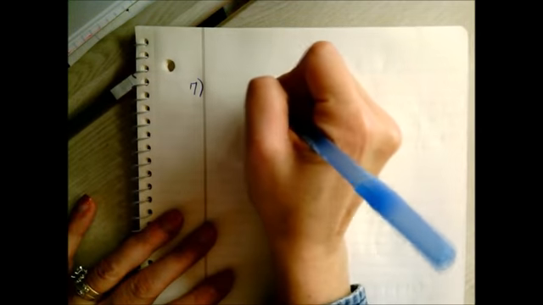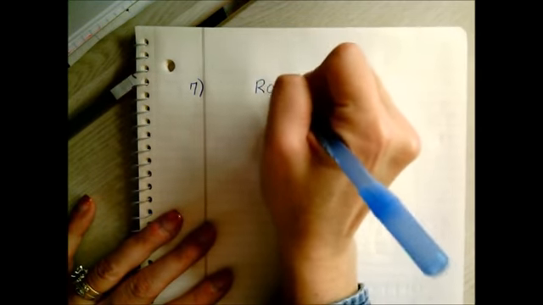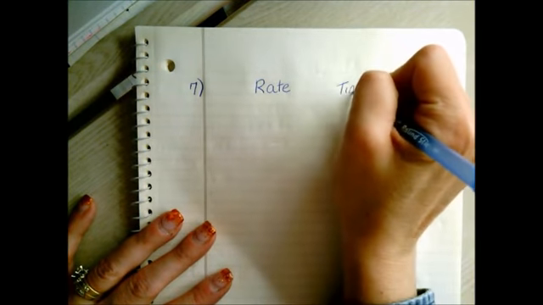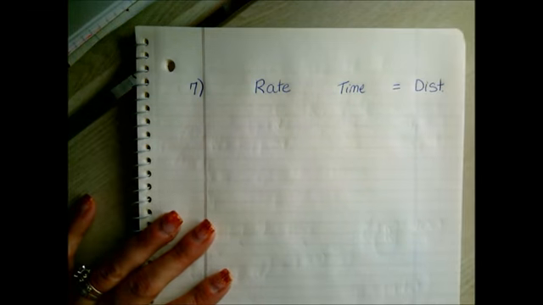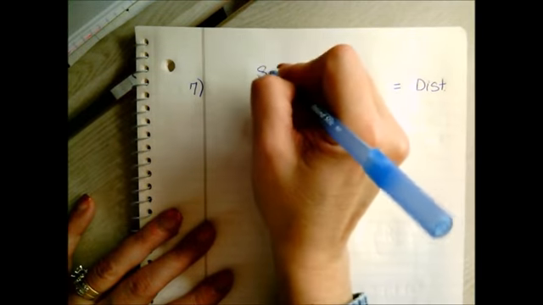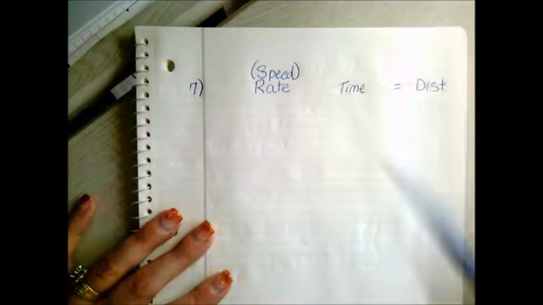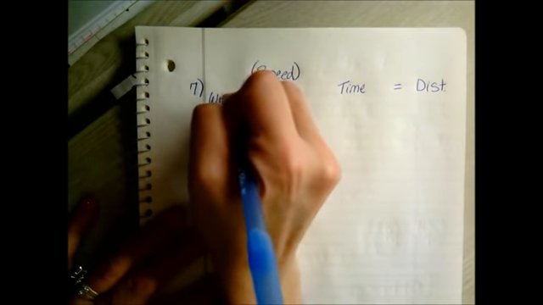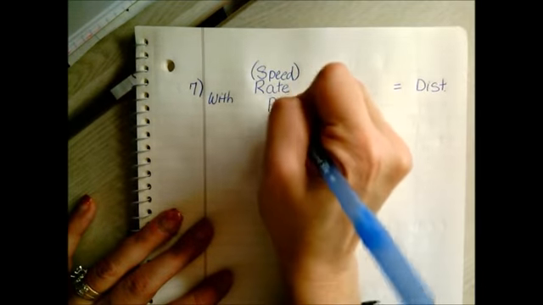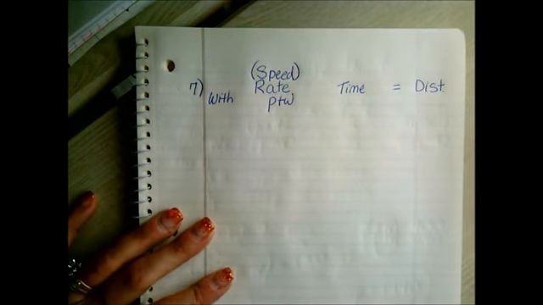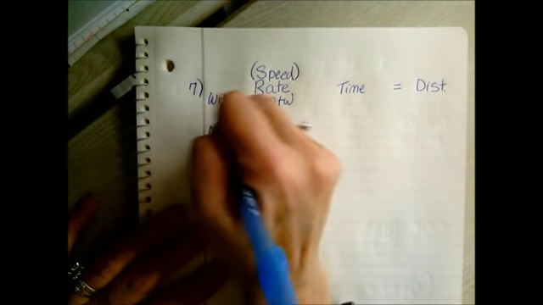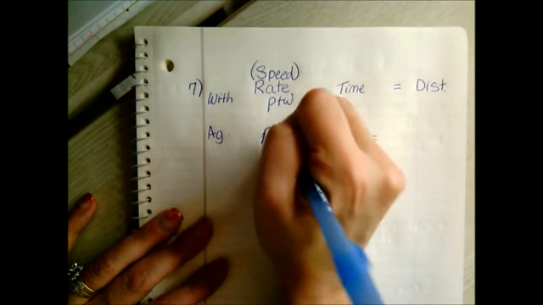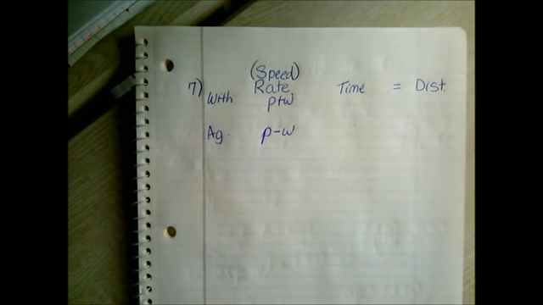Alright, here we go. So, the same like the other one, we've got rate, and we've got time equaling distance. Okay, I'm doing it the same way as I did the other one. Rate is speed. And with the wind, which is good, is some kind of P plus W. Against the wind has something to do with P minus W. Okay, against the wind is bad.